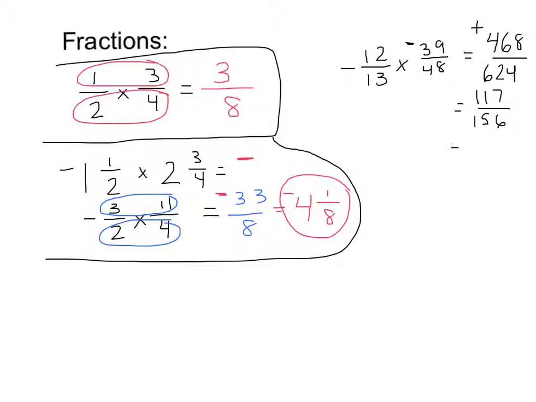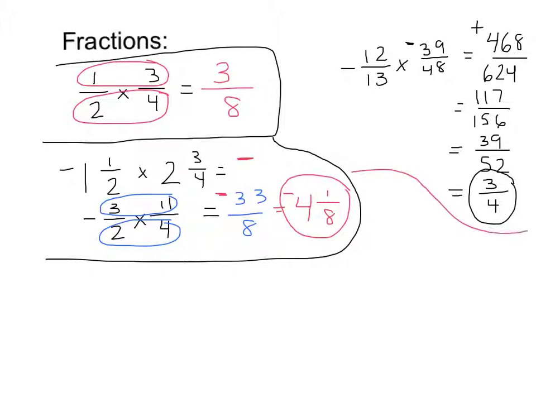They're actually both divisible by 3. 156 divided by 3 gives me an answer of 52. 117 divided by 3 gives me an answer of 39. Okay. And actually at this point, I'm not sure if I can go any further. I would have to think about this for a little bit. They're actually both divisible by 13, so 39 divided by 13 is 3, 52 is divisible by 13 as well, giving me an answer of 3/4. Wow, simplified that quite a bit, but look at the time it took me to do that.